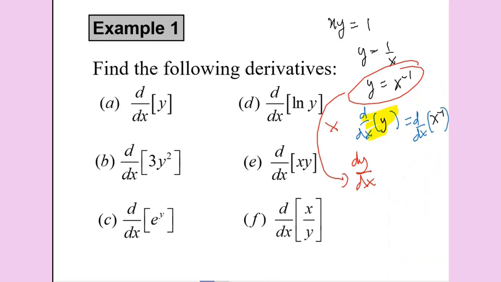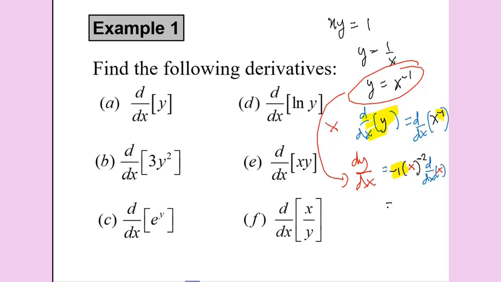It is equal to, using the power rule, bring the power to the front: negative 1, and negative 1 minus 1 gives negative 2. The inside here is x, then you need to differentiate whatever is in the bracket, which is x, using the power rule.